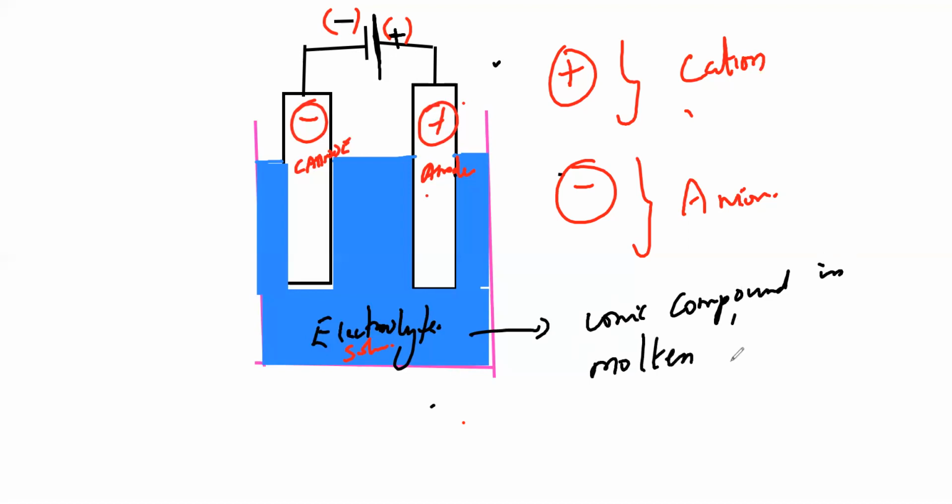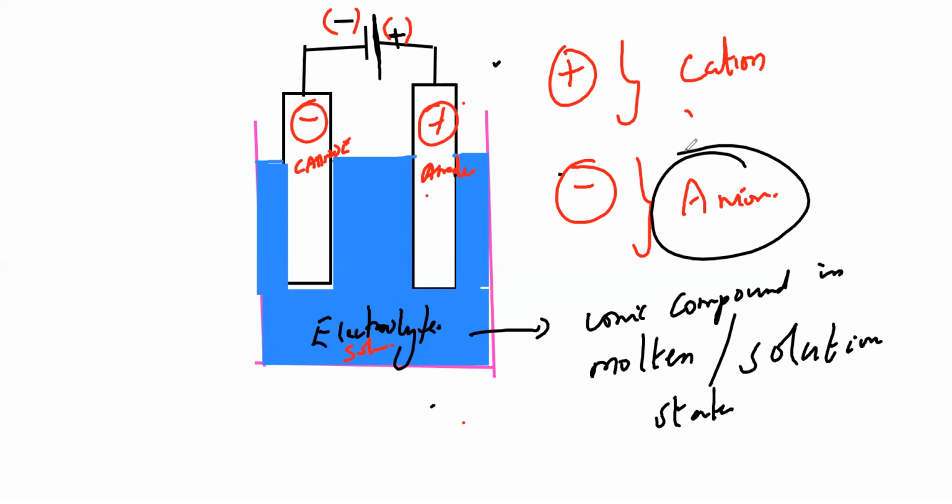The anode is the positive side. What are the anion and cation? The anion is a negatively charged ion. We have learned that like poles repel, unlike poles attract.